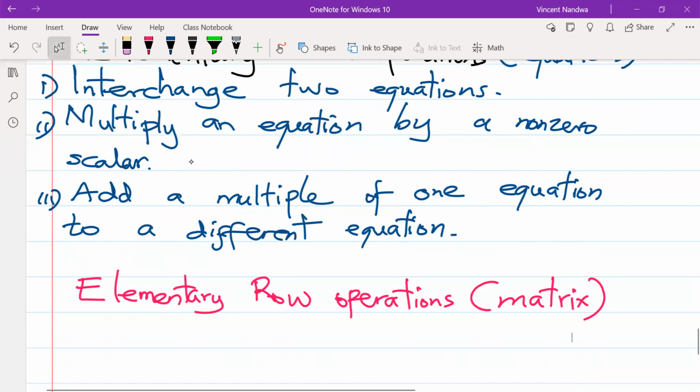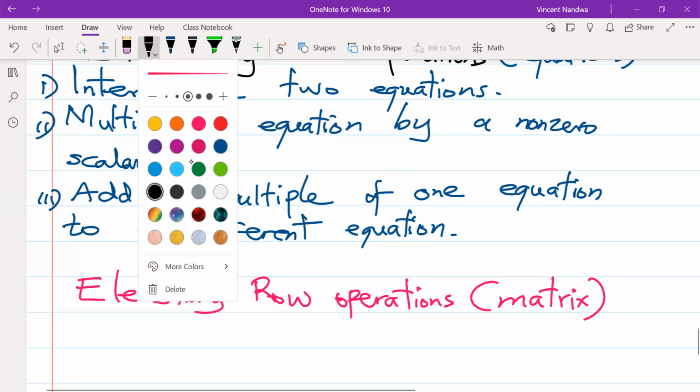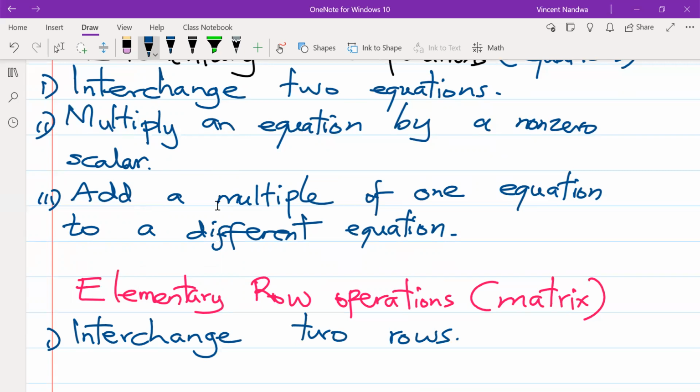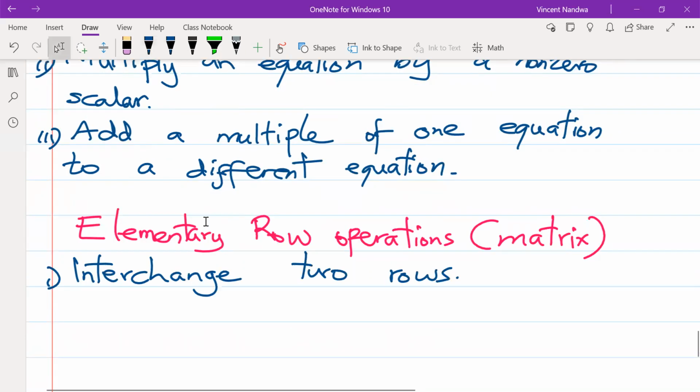The same thing works. One way of doing operations on a matrix: number one, you can interchange rows. Number two, you can multiply one row by a non-zero scalar.